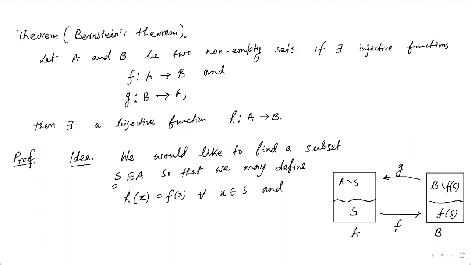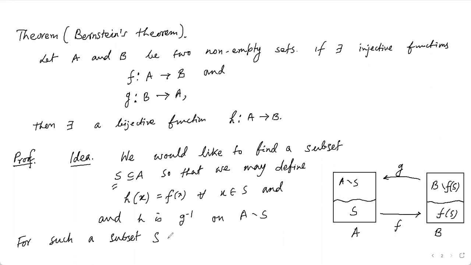And we would like to find a subset S, so that we may define H of X equal to F of X for all X belonging to S, and H is G inverse on A minus S, and for such a subset we must have, to get a well-defined function H, okay. So what we need is the following.